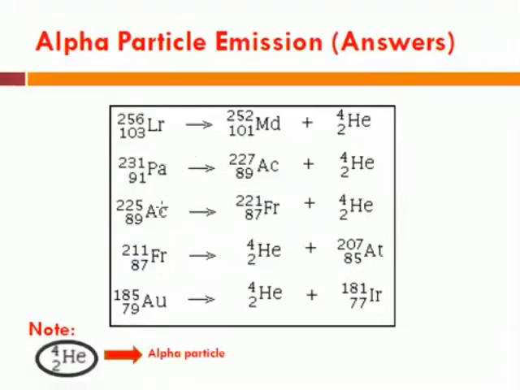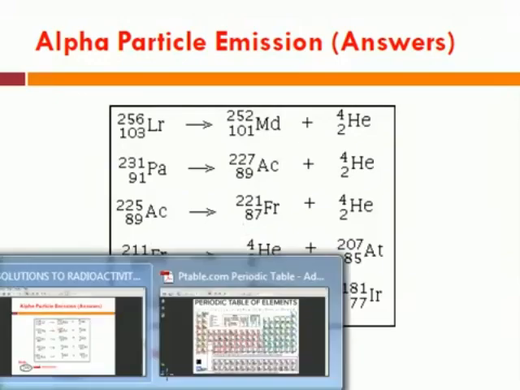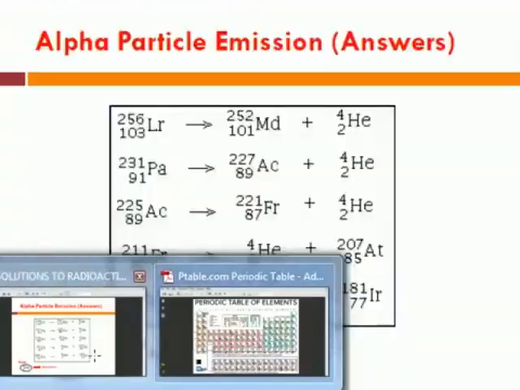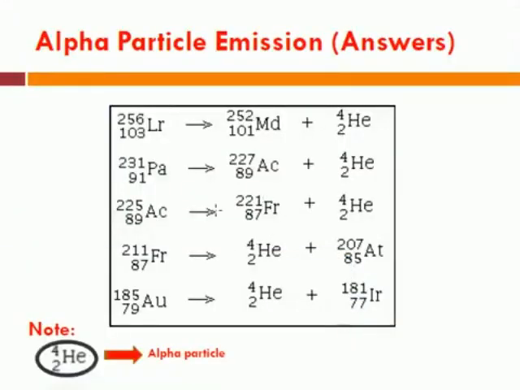Next, for number 3, 225 minus 4, so we have 221 here. Then 89 minus 2, so we have 87. The element with atomic number of 87 is francium. So that is the answer for number 3.